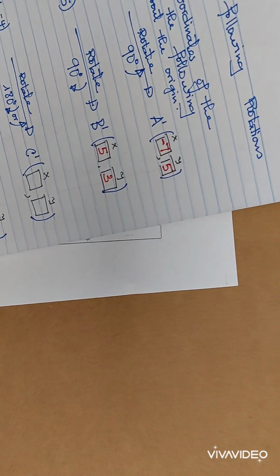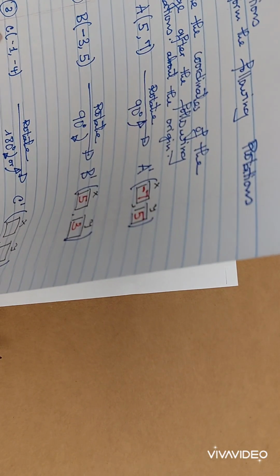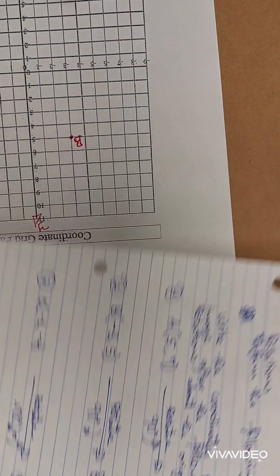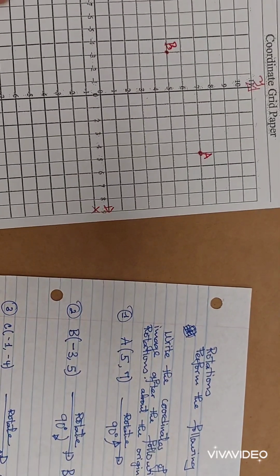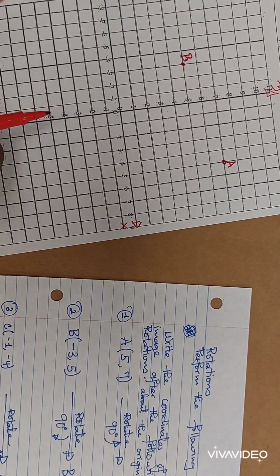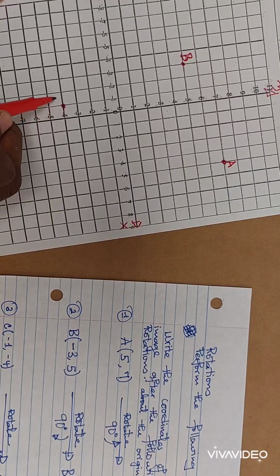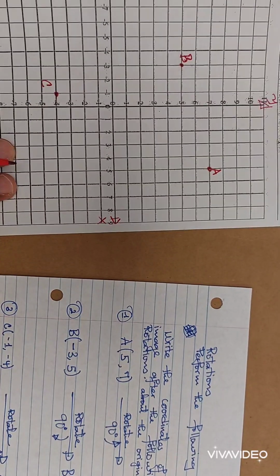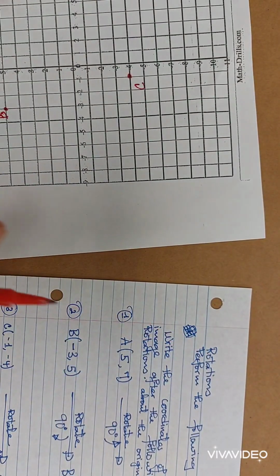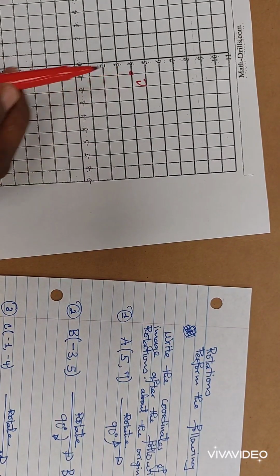Next, I want to rotate C -1, -4, 180 degrees. So I plot the point C, -1, -4, right here. That is C. For 180 degrees, it could be clockwise or counterclockwise, you end up with the same thing. So if I do that, this is my C here now.